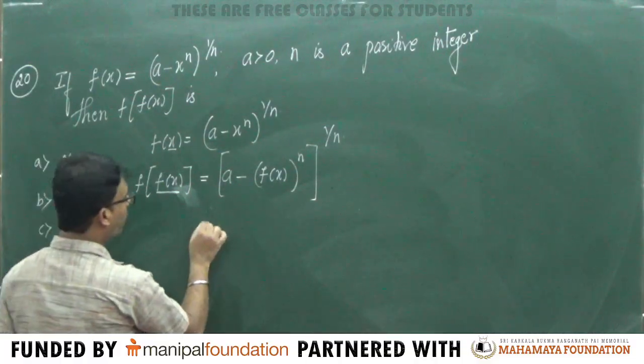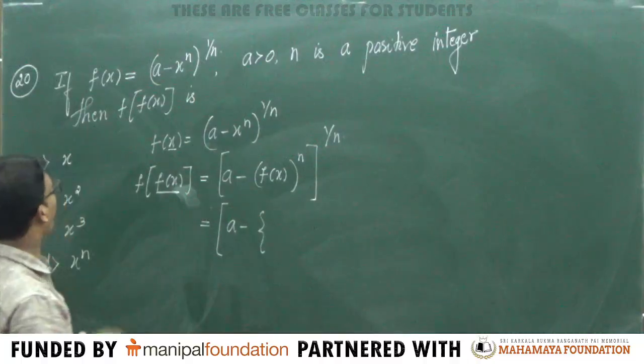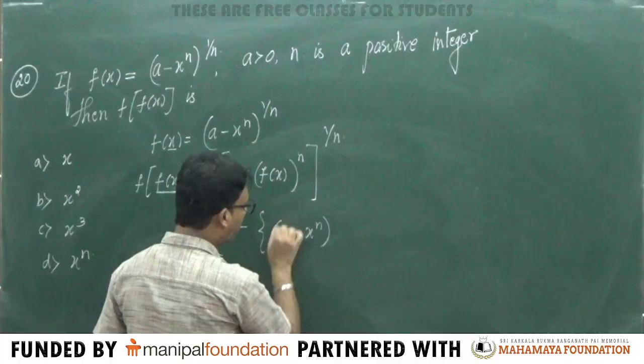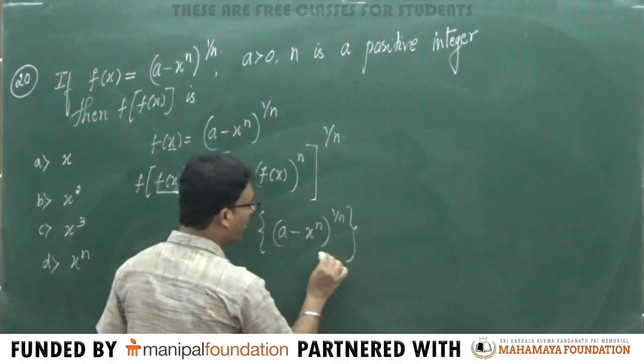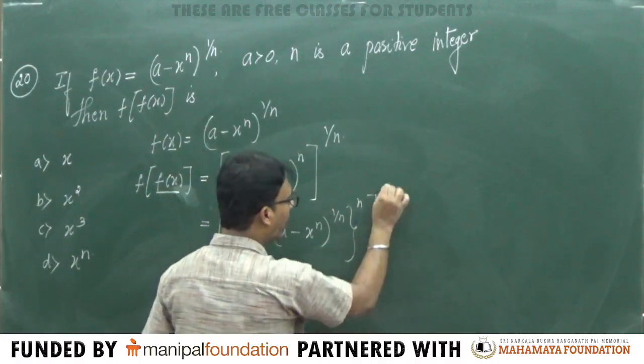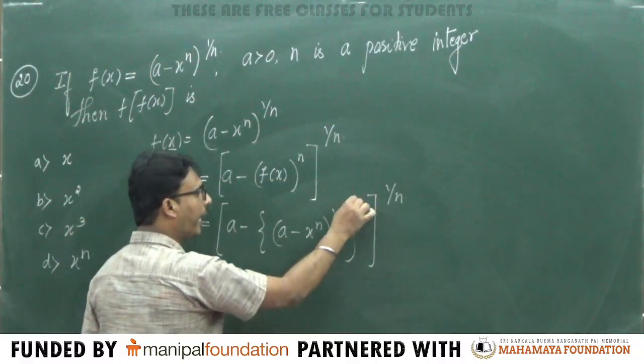It is equal to (a minus of, but the value of f of x is (a minus x to the power n) whole raised to 1 by n, and there is a power n whole raised to 1 by n). First, this n and n get cancelled.